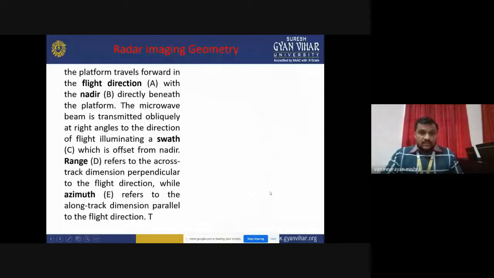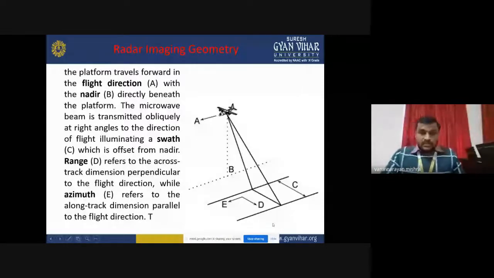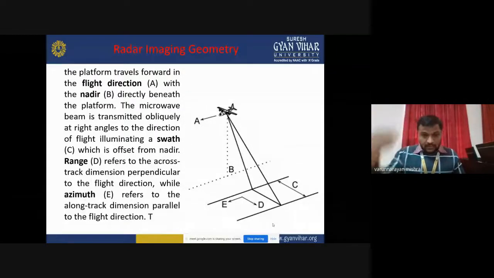So this is the radar imaging geometry. It has a flight direction described by the symbol A, with the nadir point. Nadir is the position directly below the sensor, perpendicular to the ground.